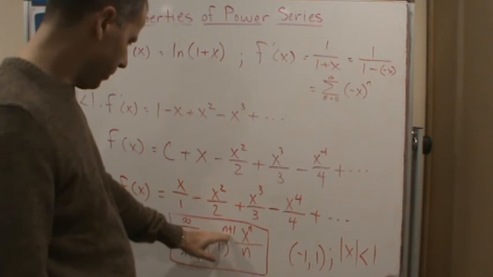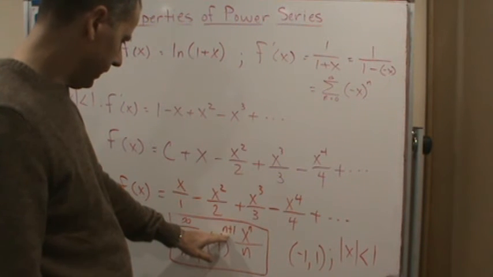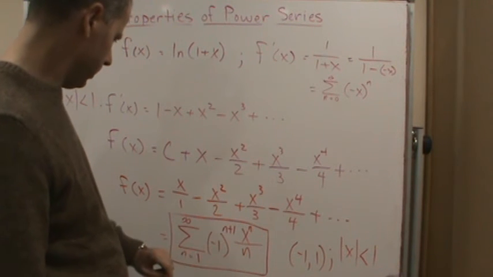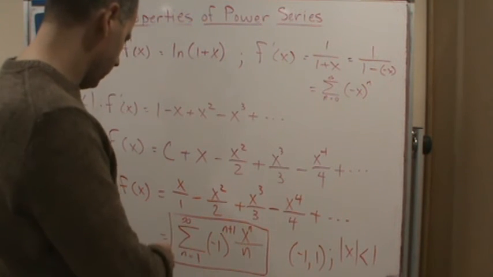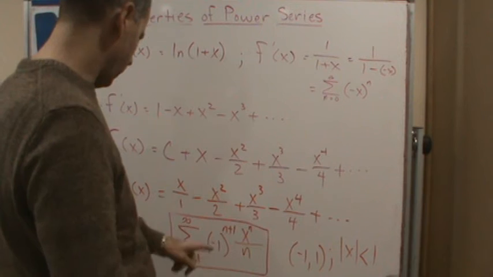So if n is 0, I get 1. If n is, hold on, 2n plus 1. Okay, 2n.